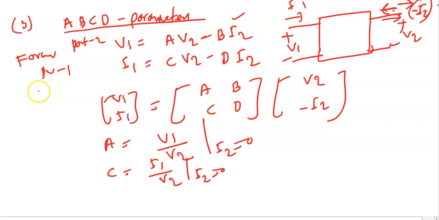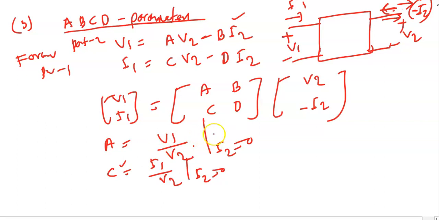Transfer is used for impedance and admittance when you are referring to two different ports. Here, for the reverse transfer admittance, you are dividing I1 by V2.